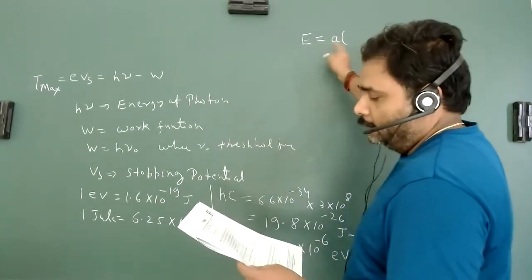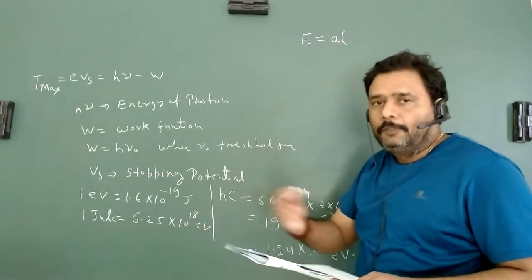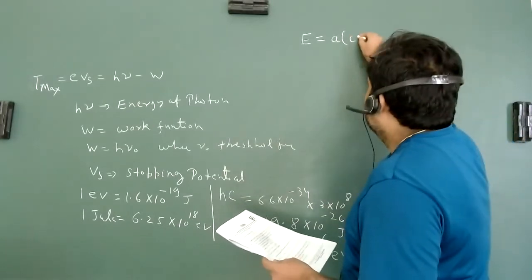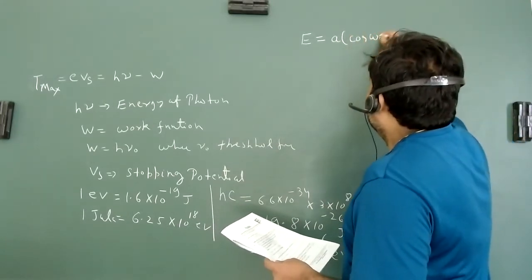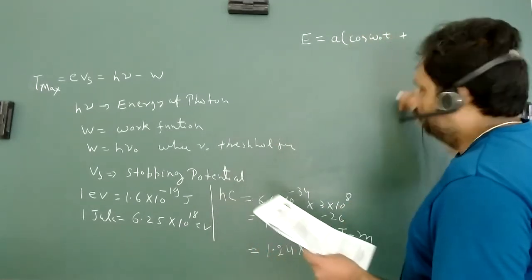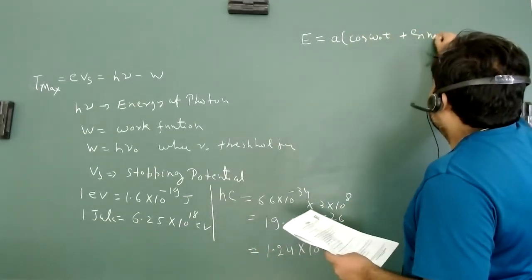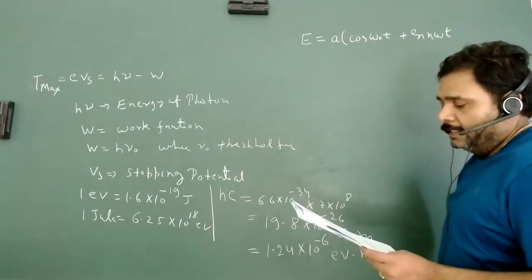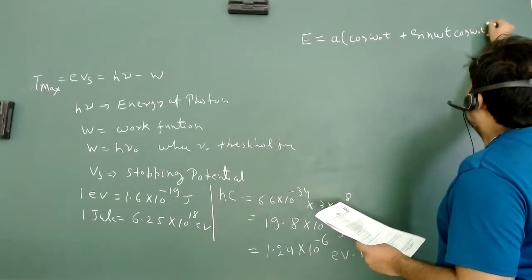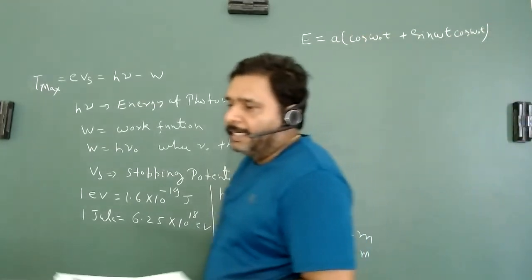It is a superposition of not just 2 but 3 waves. It is given as A, the amplitude, times cos ω₀t plus sin ωt, multiplied by cos ω₀t. So this is the electric field.